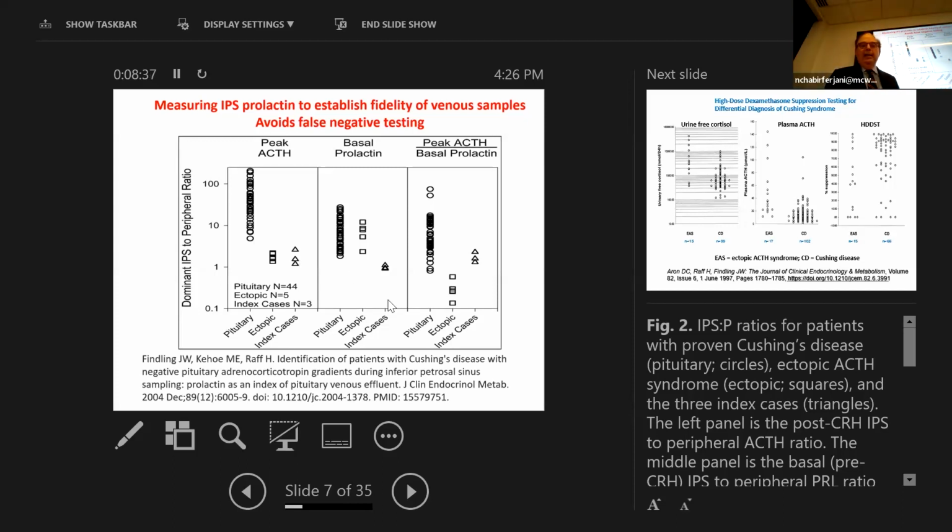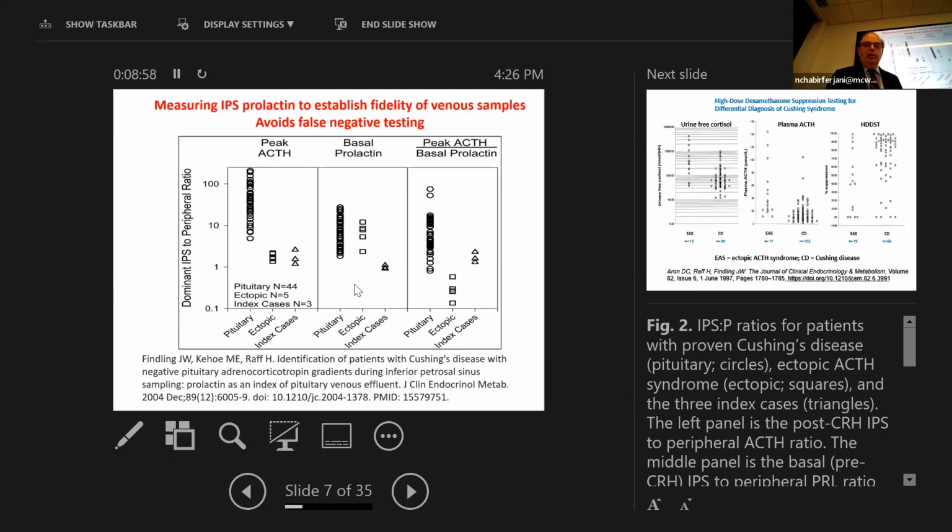So we went back and started, and this was really Hershel's idea, not mine, to use prolactin as a kind of surrogate of pituitary venous drainage. That is, if you're really in the petrosal sinus and you're really harvesting pituitary venous effluent, the prolactin level should also be elevated.